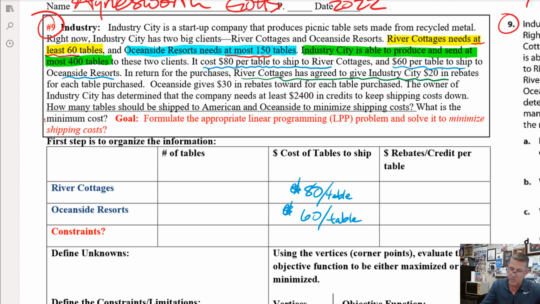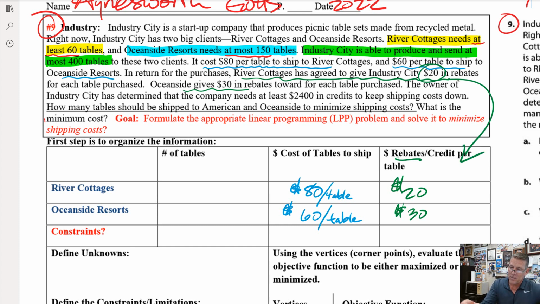The rebate River Cottages is going to give is $20. A rebate is a credit, which means money that goes back to the company. Then it says Oceanside gives $30 in rebates back to Industry City. Again, these are rebates. You just interpret that and get organized in the problem.